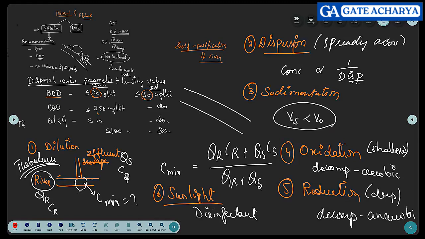Calculate the chromium beneath the discharge point in the river if the industry discharges 50 liters per second with a chromium concentration of 2 milligram per liter.